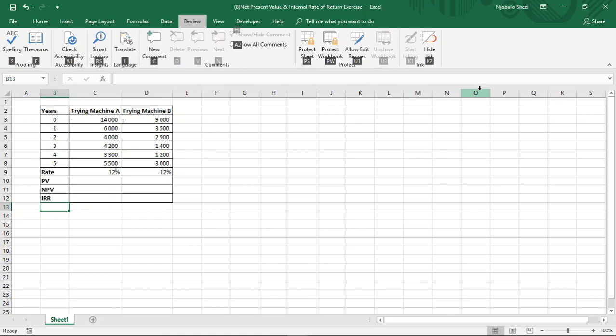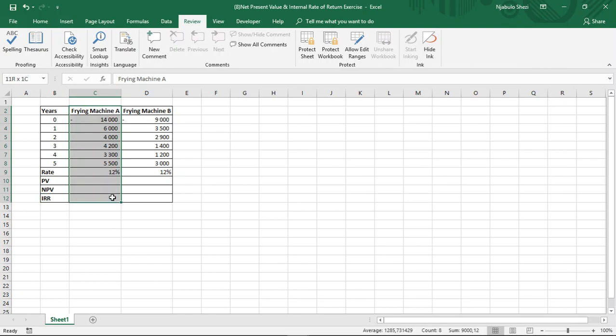And then I also want to speak about the internal rate of return, how it can be useful, and when to use it. But first, guys, as you can see here on your screen, we've been provided a bunch of information as it relates to years, as it relates to rates, as it relates to the present value, net present value, as well as the internal rate of return. As you can see here, guys, we have two frying machines.